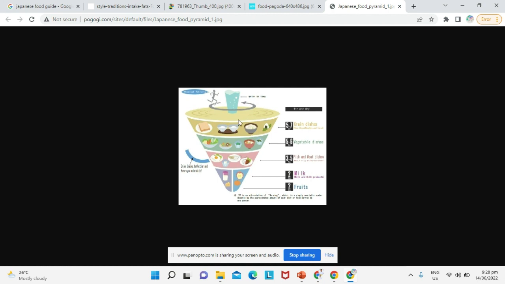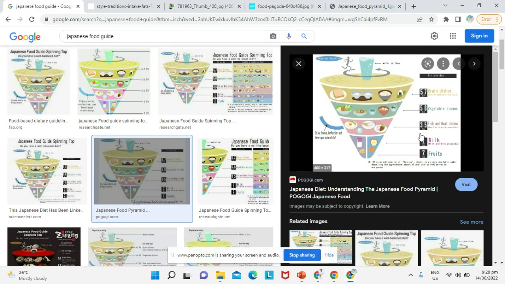So, the idea here is to keep the top spinning, and again, to do that, kinahanglan nga mag-engage ka sa physical activity. So, this is a great food guide, no, because dili lang diet ang gi-emphasize but also physical activity. Okay? So, that's the food guide of Japan.